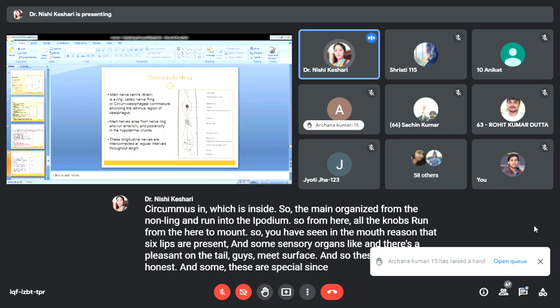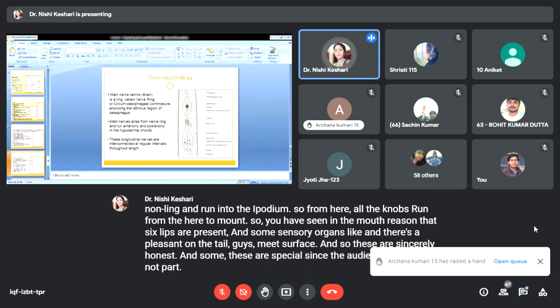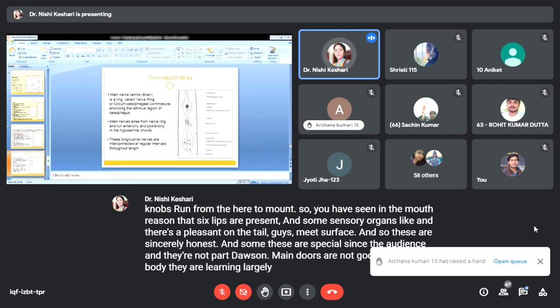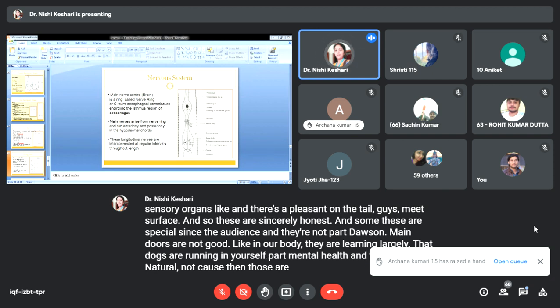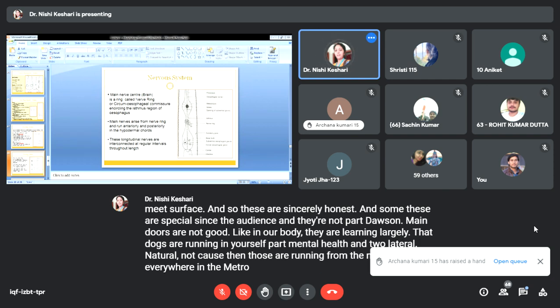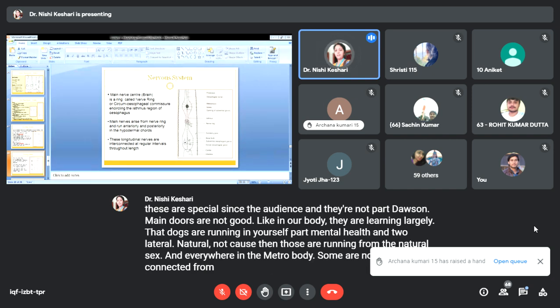Among the nerve cords, there is the main dorsal nerve cord and the ventral nerve cord, running in the dorsal and ventral parts, and two lateral nerve cords running on the lateral sides. Everywhere in the nematode body, some nerve fibers are connected from one side to the other side.